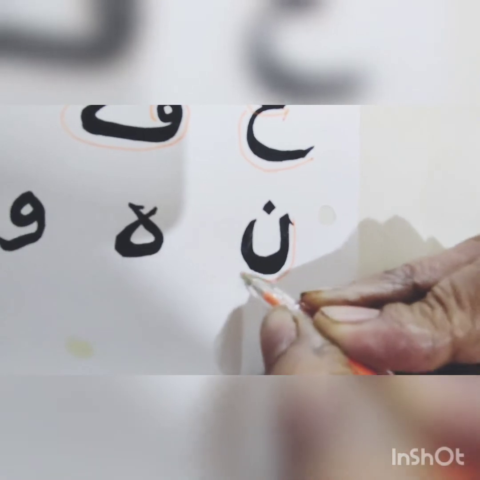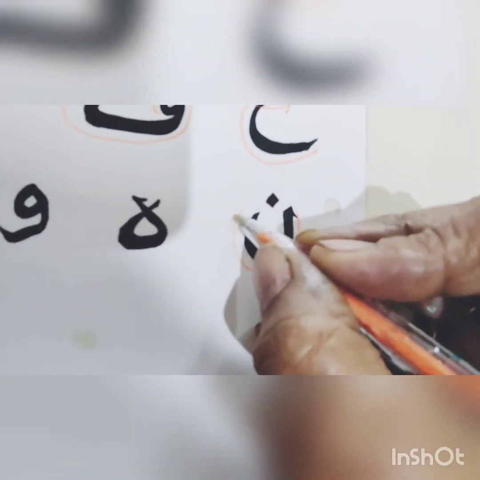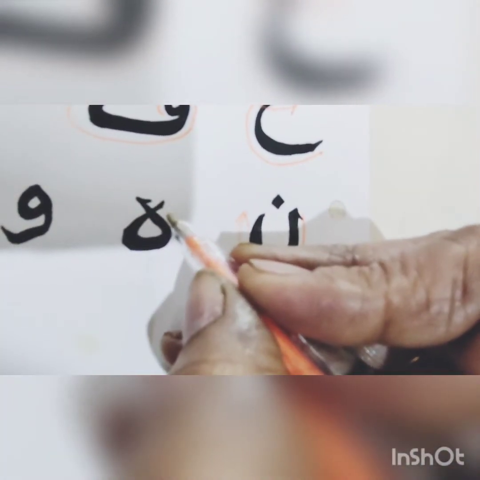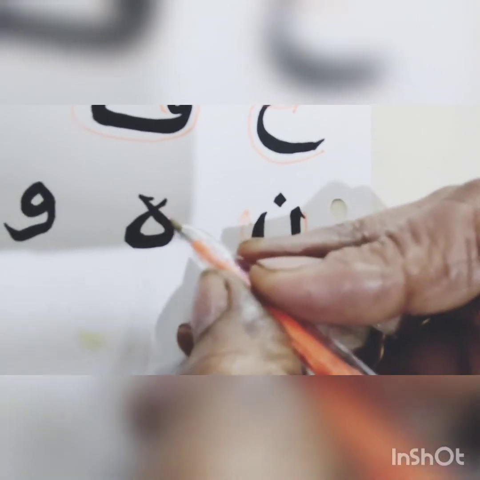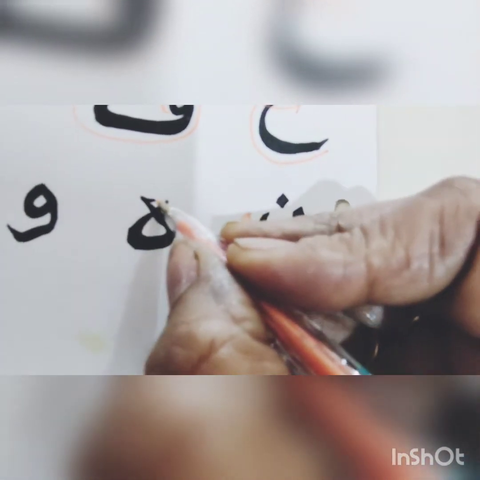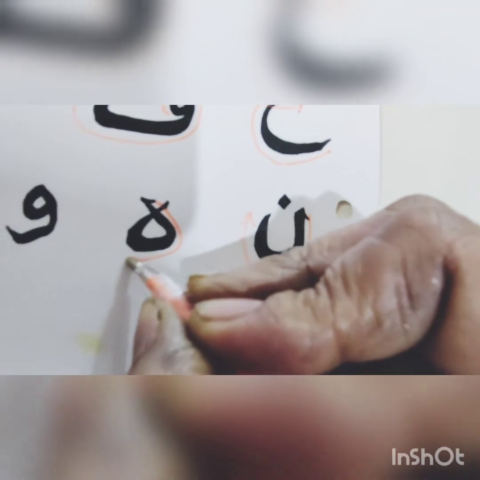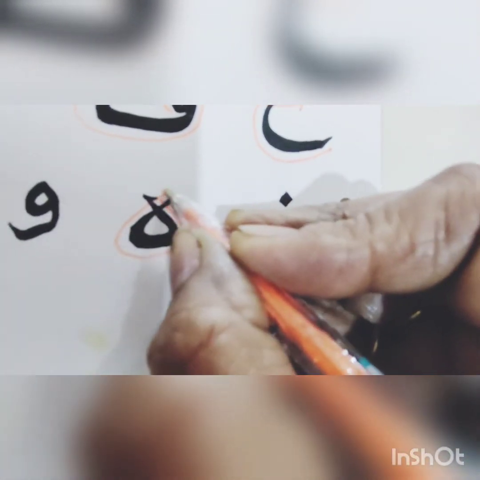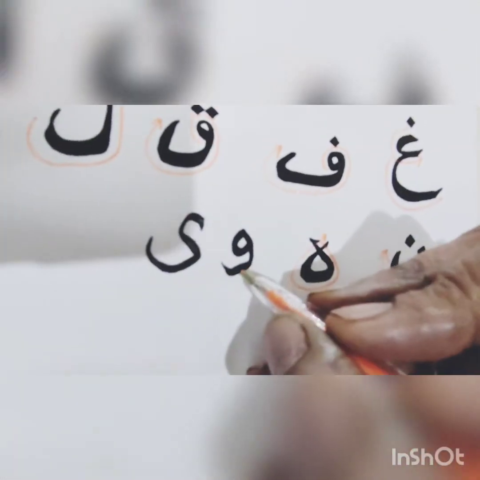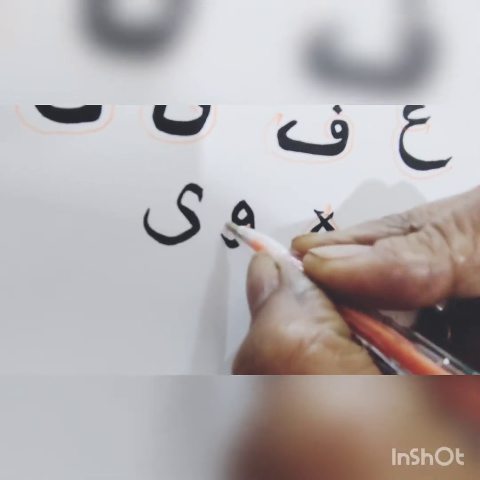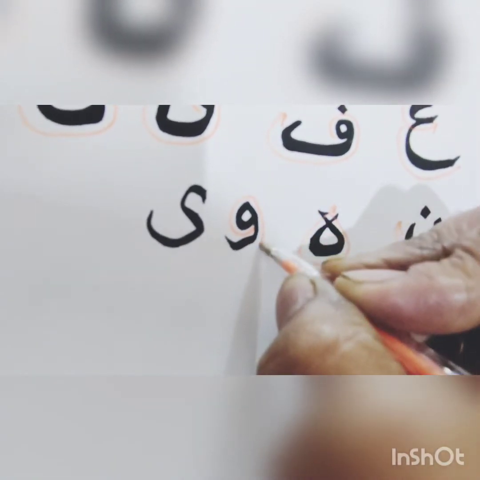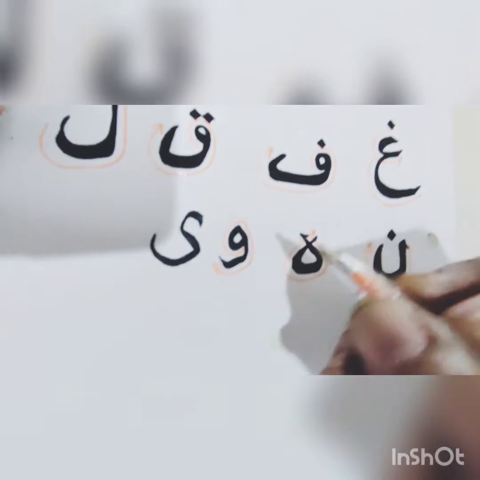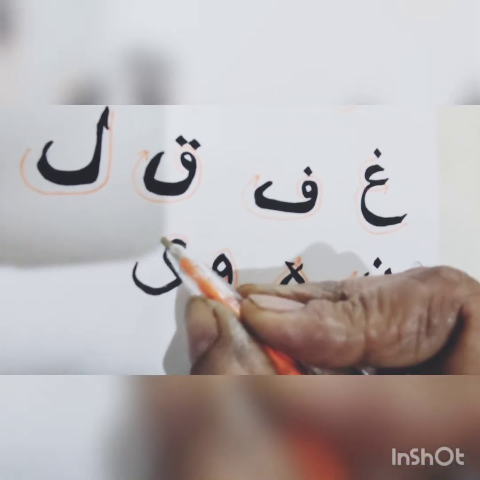Noon is like this. It goes here till here is Noon. From this direction, He moves from here and goes and ends here. He. Then Wow. And this is Ye.